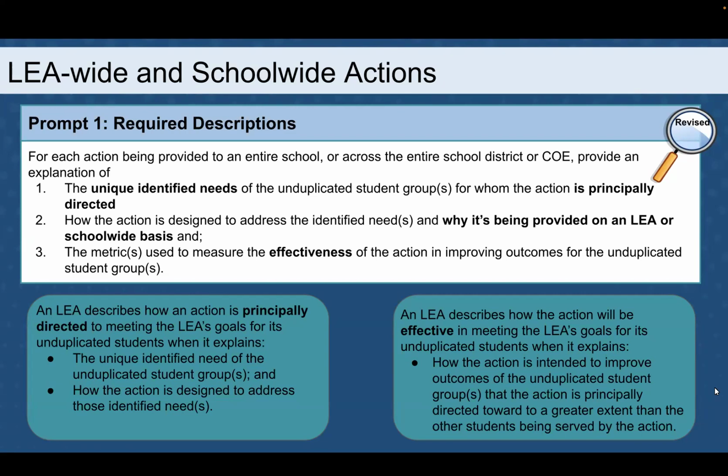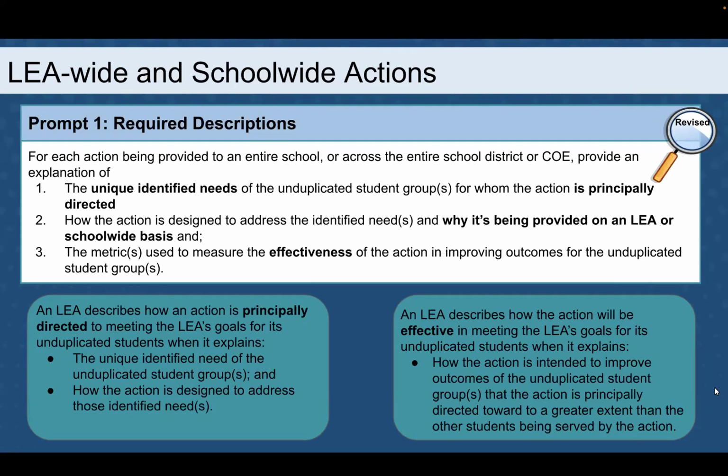First, the unique identified needs of the unduplicated student group or groups for whom the action is principally directed. Second, how the action is designed to address the identified needs and why it's being provided on an LEA-wide or school-wide basis. The words in bold have been added in those first two prompts and are fairly new to the instructions.